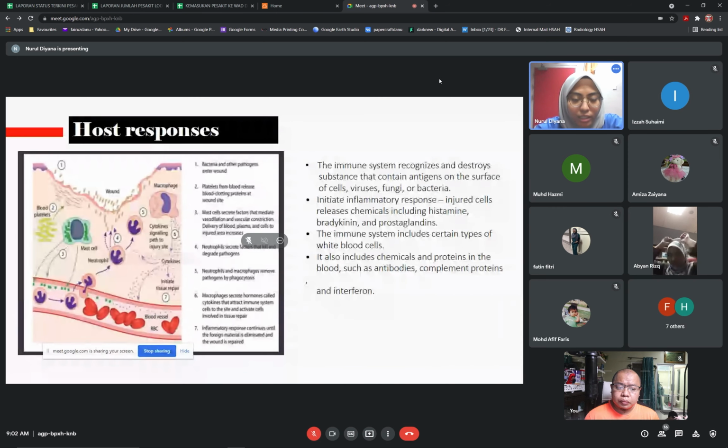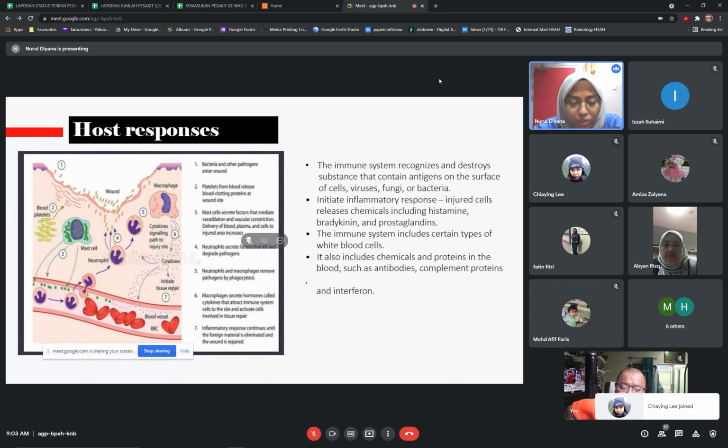Then neutrophils will secrete factors that will kill and degrade the pathogen, and they will remove the pathogen by phagocytosis. The macrophages will secrete hormones called cytokines that will attract the immune system cells to the site and activate the cells involved in tissue repair. The inflammatory response will continue until the foreign material is eliminated and the wound is repaired.